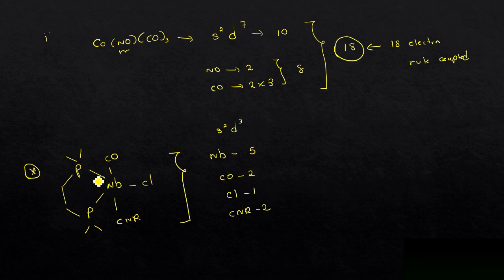Phosphorus is also giving 2 electrons, and there are 2 atoms contributing. So the total number of electrons here will be 14. So like this one, there are exceptions, so this is very fun, right?